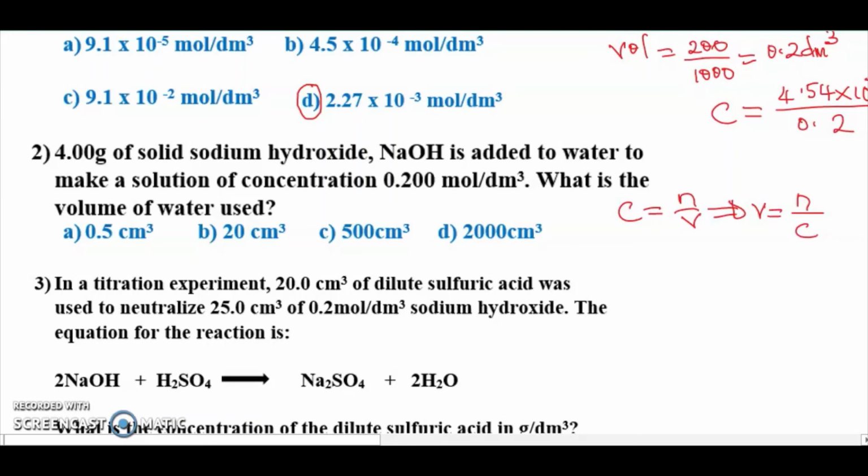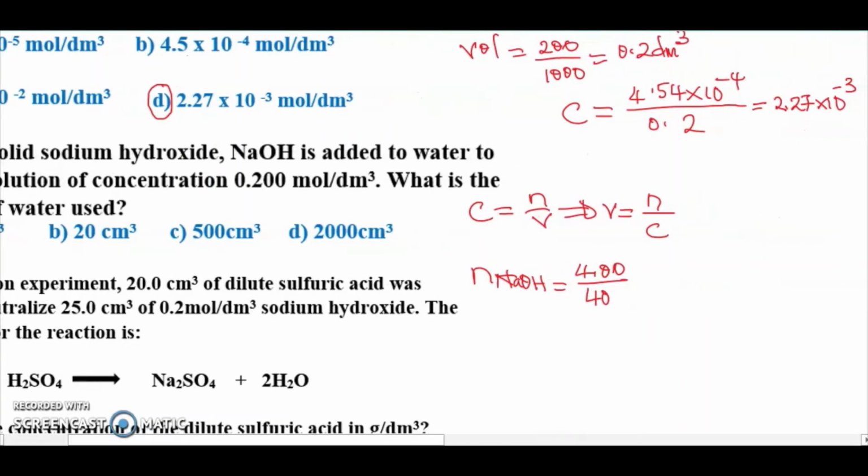Okay, so let's see. Number of moles. So let's get the number of moles of sodium hydroxide. Number of moles of sodium hydroxide will be equal to, this is the mass of sodium hydroxide, 4.00, divided by the molar mass of sodium hydroxide, which is 40. So this gives us 0.1 mole.